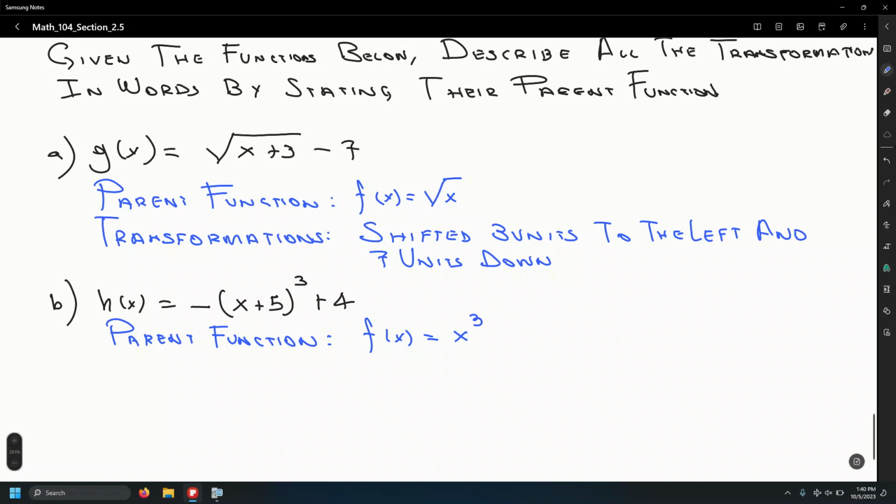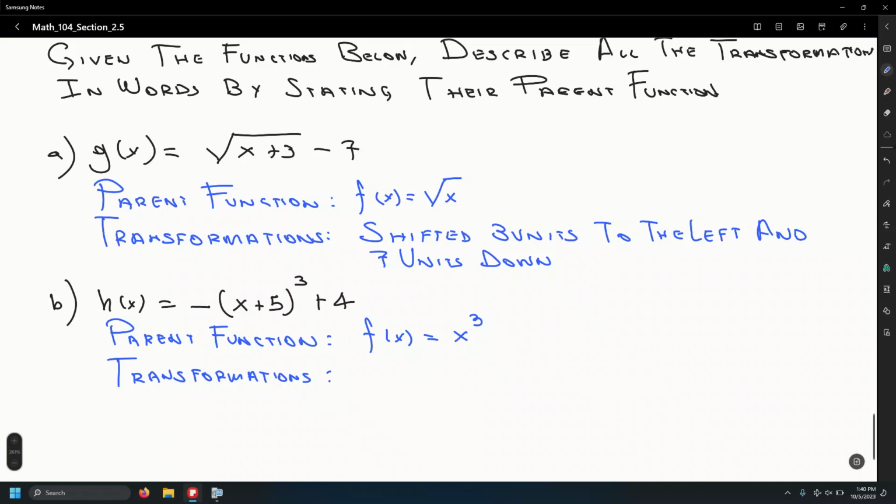And what's next? The transformations. So what transformations do we have here? Shift to the right 5, up 4.